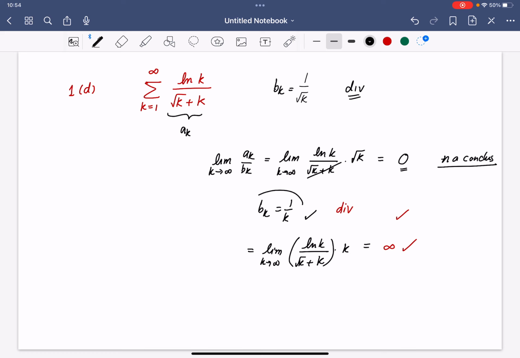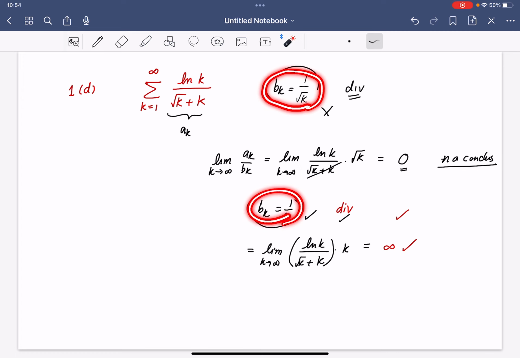If you pick this one, good; if you pick the other, not good. I show you this because a lot of good students missed this question by picking b_k equal to 1 over square root k, while some students pick 1 over k easily. 1 over k is the smart move for this one.